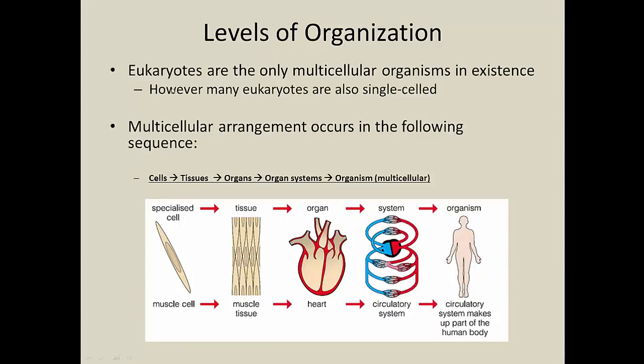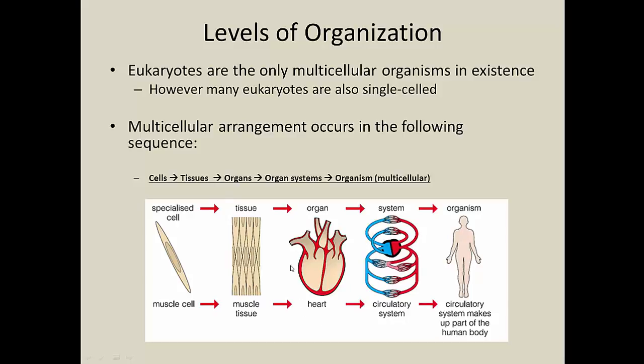From there, the last thing is just to recognize the levels of organization, how a eukaryotic cell would go in a systematic order from an individual cell to a multicellular organism, potentially. So you start out with an individual cell. Cells will group into tissues, which are a collection of the same kind of cell, which all have the same function, like muscle tissue.